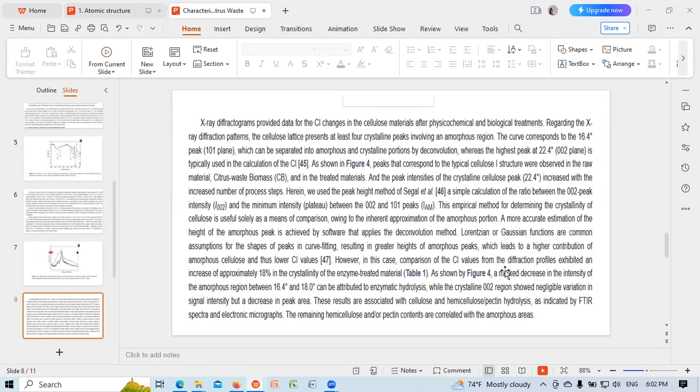The intensity of the amorphous region between 16.4 degrees and 18.0 can be attributed to enzymatic hydrolysis, while the crystalline 002 region showed a negligible variation in signal intensity.